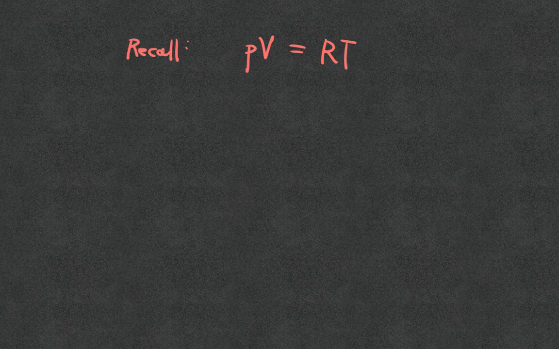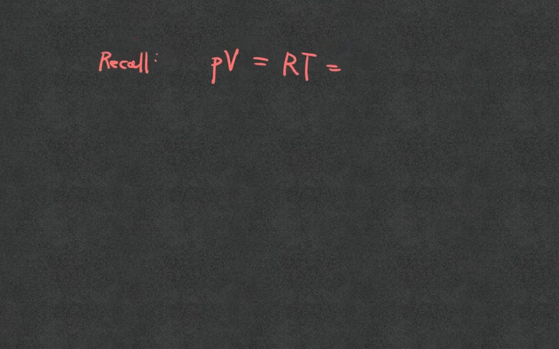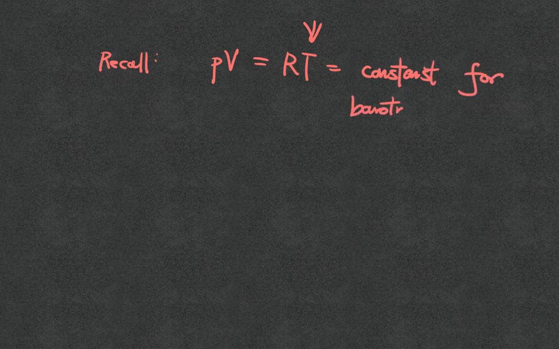Yeah, Avogadro number. So this one is actually a constant. Okay, so if we assume that T changes very little and R changes very little, then we have a constant. And this is called barotropic flow.